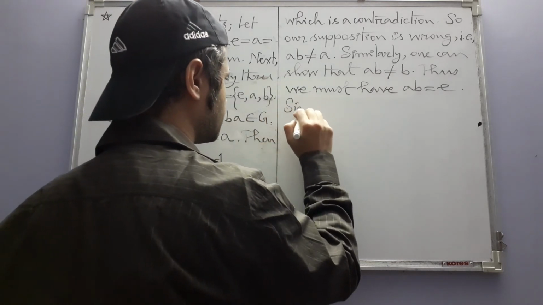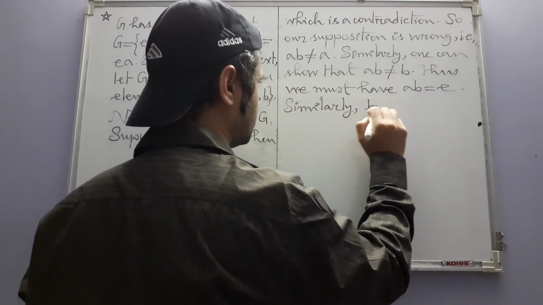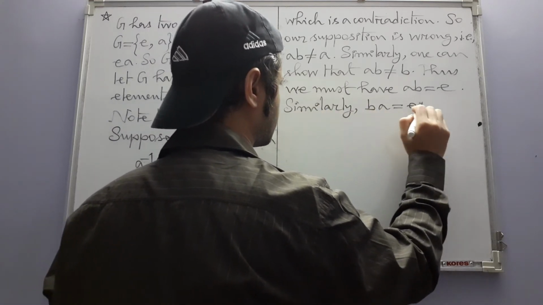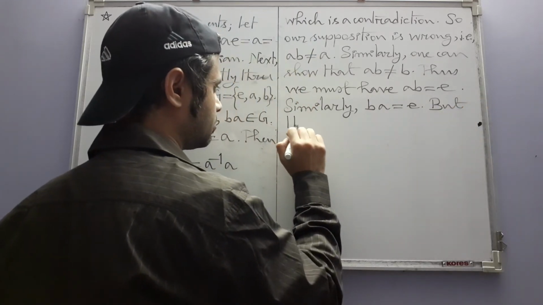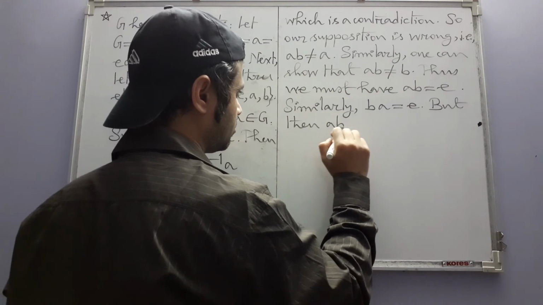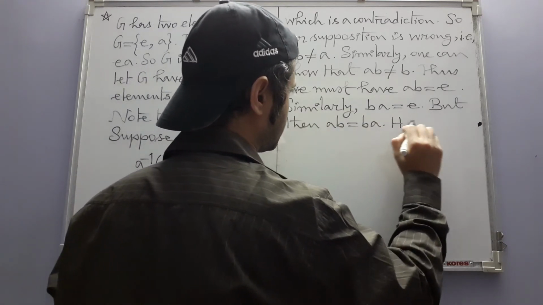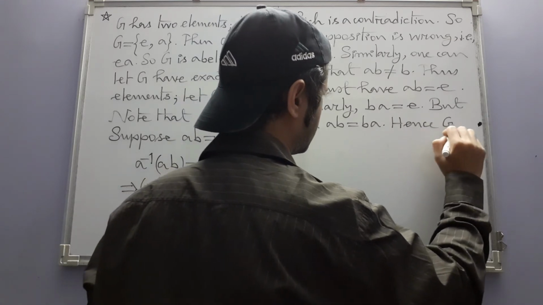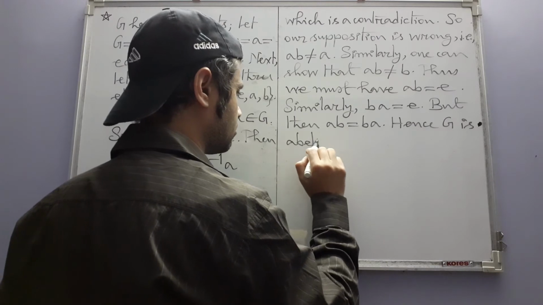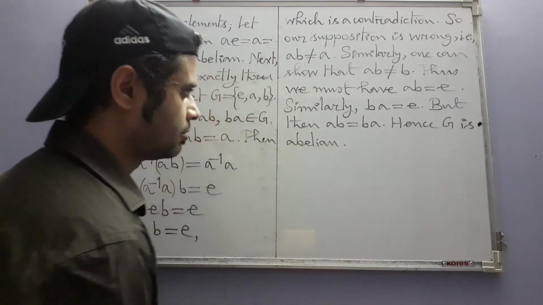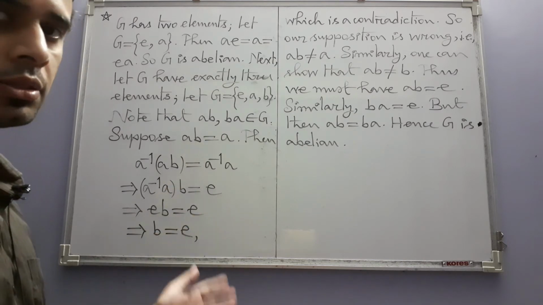Similarly, BA is also equal to E, but then AB is equal to BA. Hence, G is abelian. So we cannot have a non-abelian group which has 3 elements.